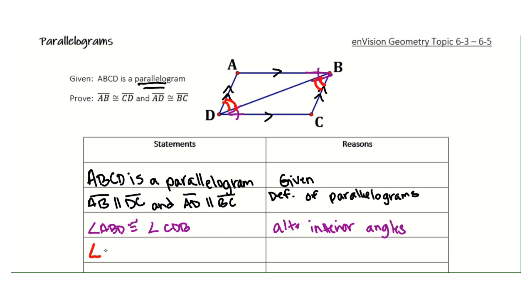So angle CBD is congruent to angle ADB by alternate interior angles.